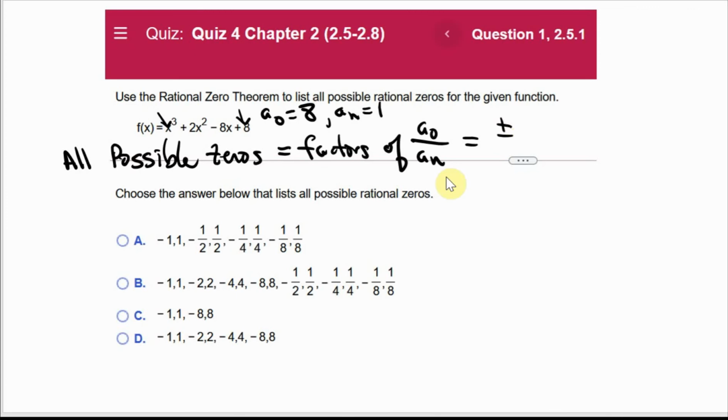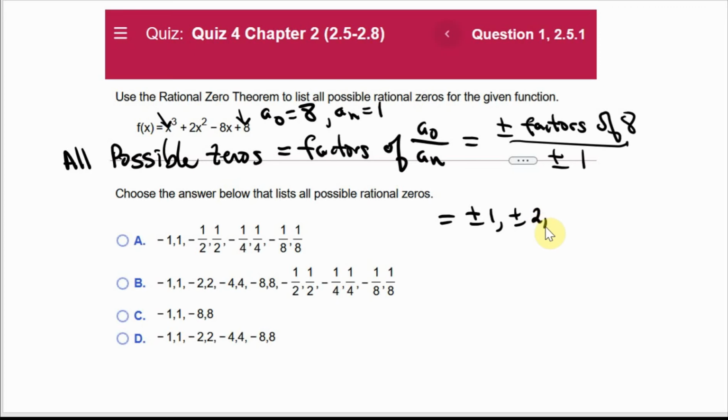So we have plus or minus the factors of 8 all over plus or minus the factors of 1. So what that gives us is plus or minus 1, plus or minus 2, plus or minus 4, and plus or minus 8, since the factors of 8 divided by 1 just become the factors of 8. So it'll be that one.